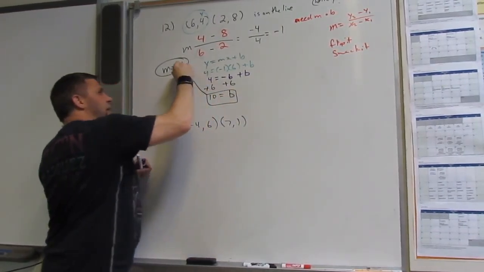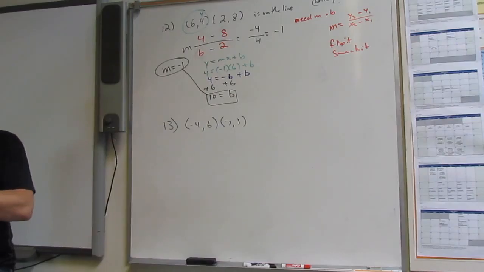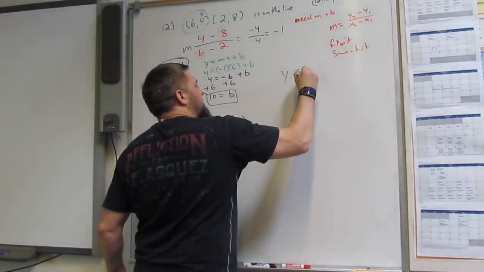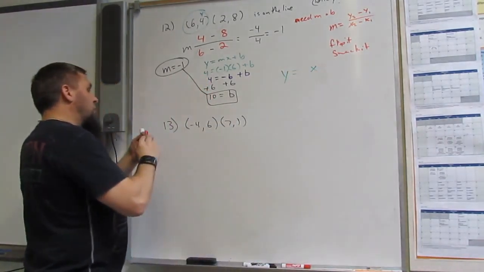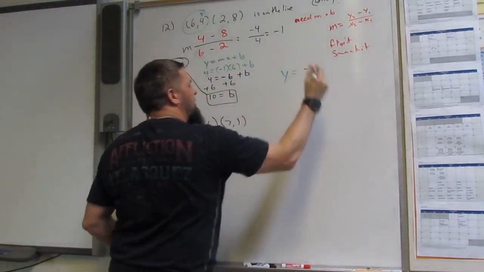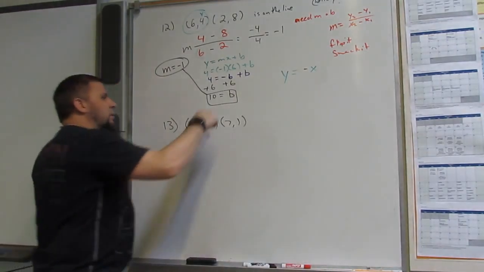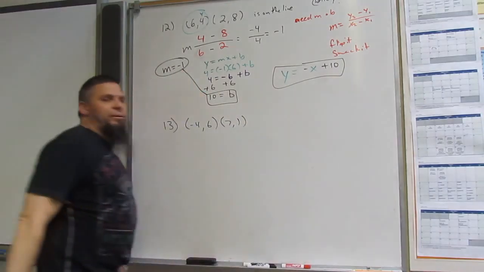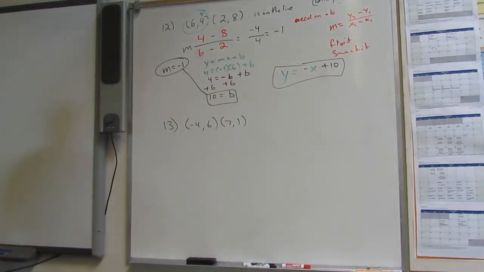I have b, I have m, and I just plug it in. y equals negative 1x plus 10. Done. Easy.